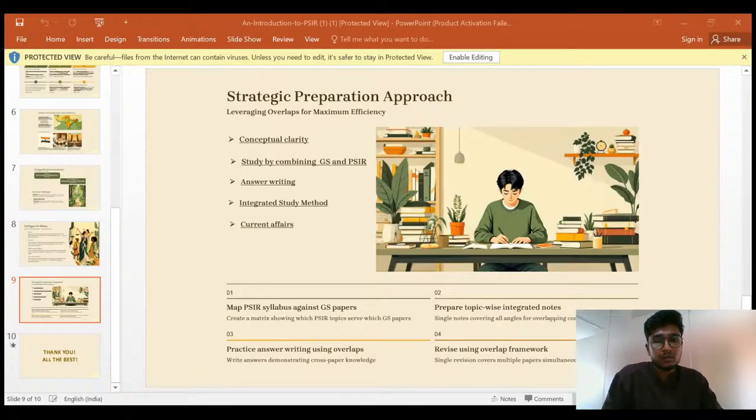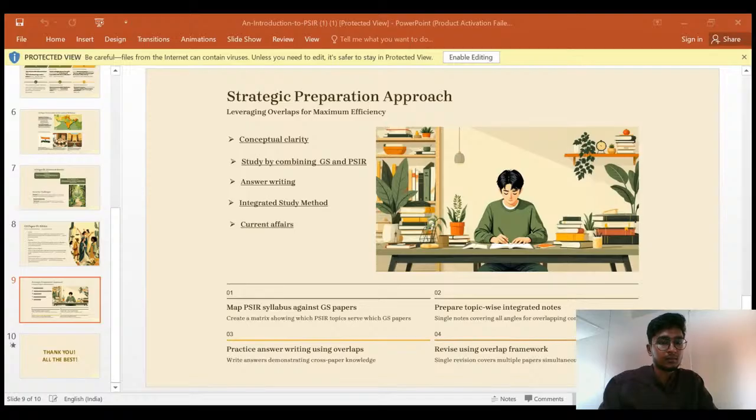In the GS paper you have some concepts, and in PSIR you have some concepts. Integrating both is very important for both subjects, the optional and the GS paper.